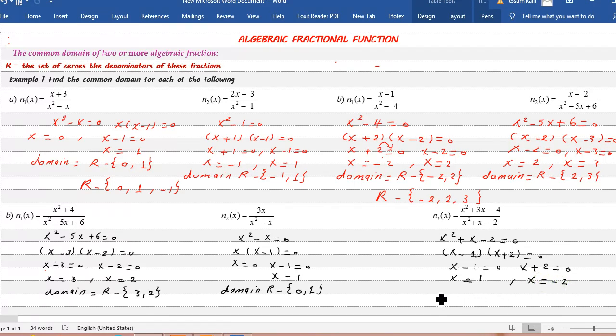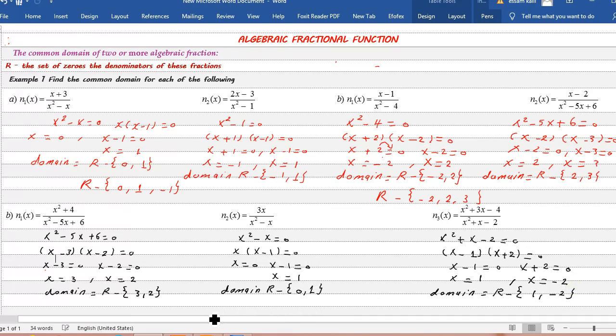Then the domain equals R different 1 and negative 2.